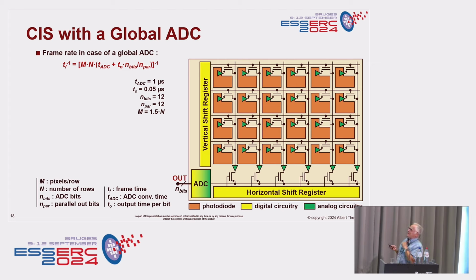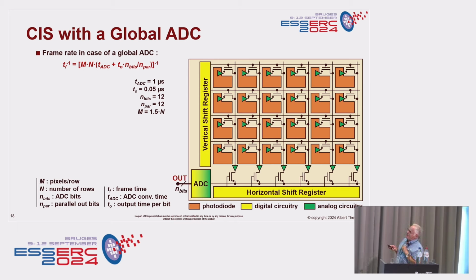That is given by TO, the output time, which is 15 nanoseconds. In my example we have 12 bits. The ADC has 12 bits output, and I'm sending out the information with 12 bits in parallel. So we have 12 output lines, and all these bits come off the chip in parallel.